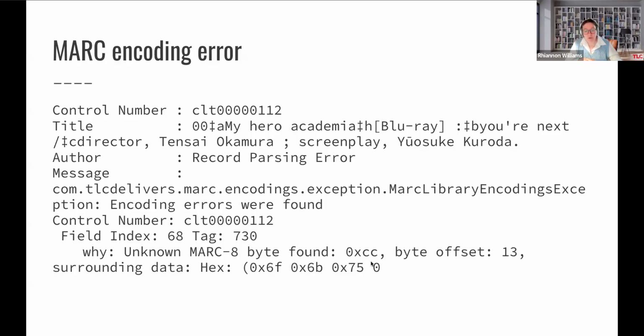Correct those errors and then bring it right back into your LS2 cataloging, and it should be all corrected. So this is one of the quote unquote scarier errors because it gives you a lot of information, but it's really helpful information to tell you exactly where that error is found so that you can correct it if you come across it.